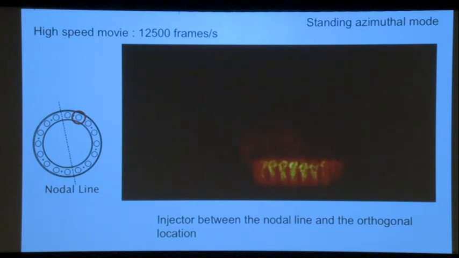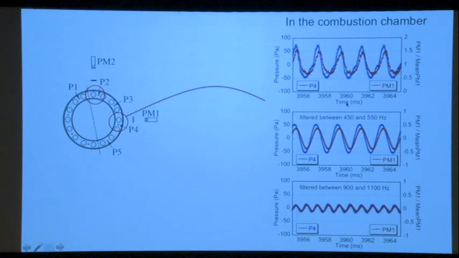When we look at the pressure signals and the photomultiplier, we cannot place the pressure sensor exactly at the same point as the photomultiplier, but you can reconstruct the pressure field and measure the photomultiplier intensity, and you see that they are essentially in phase here.